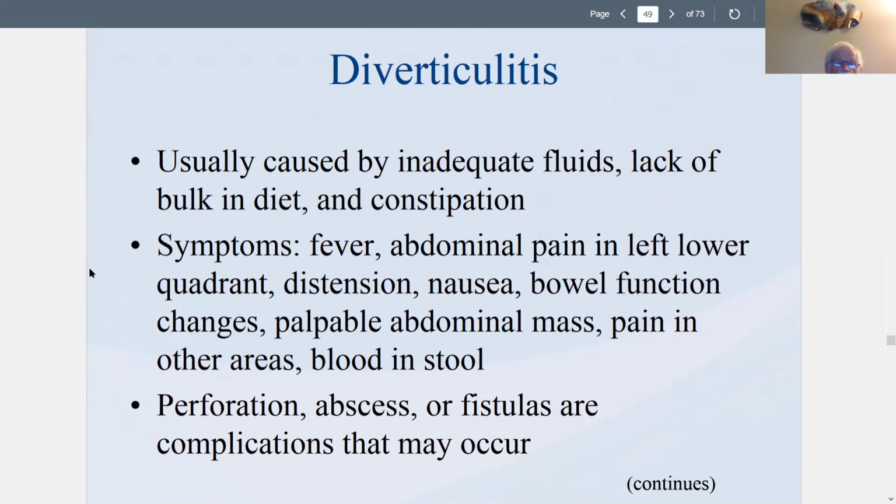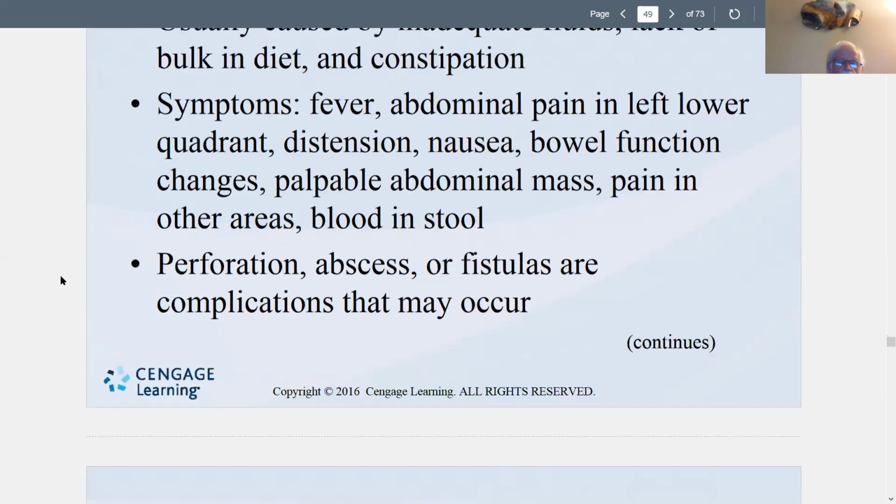Distension of the abdominal area, nausea, changes in bowel function, feeling an abdominal mass, and blood in the stool. Perforation, abscesses, and fistulas, which are basically bubbles, are complications that may occur.